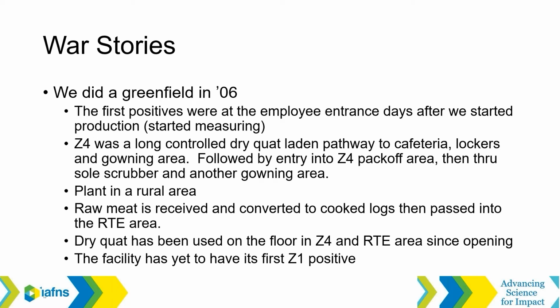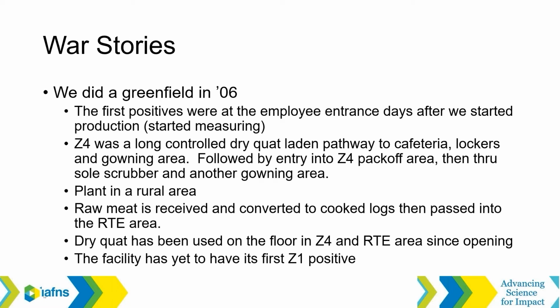Here we created a sliced lunch meat plant. We did a greenfield in '06. I'm sorry, I jumped ahead. The first positives were at the employee entrance, days after we started production and started measuring.